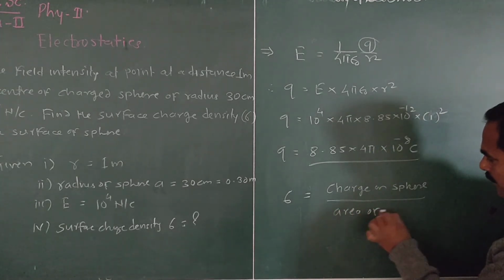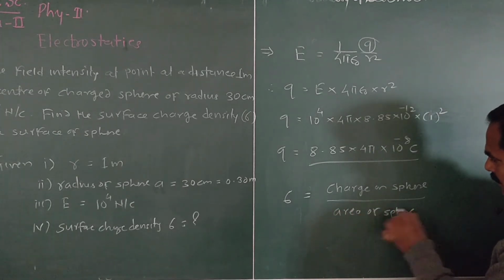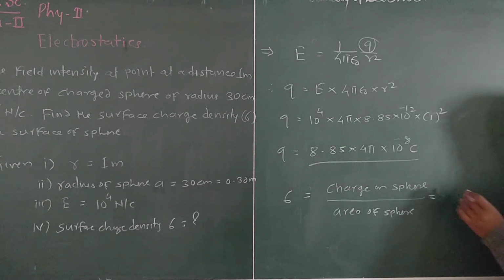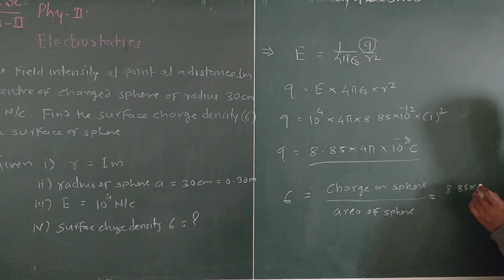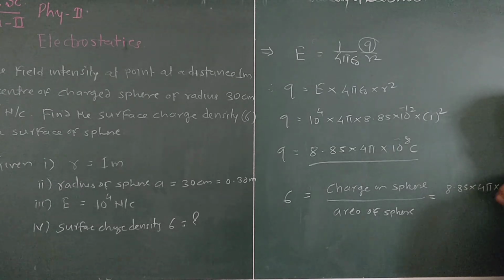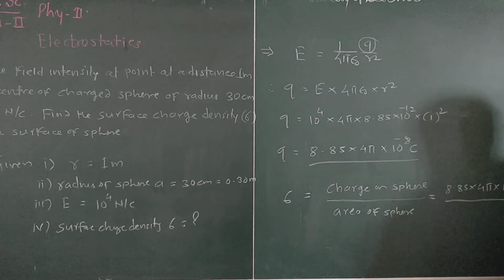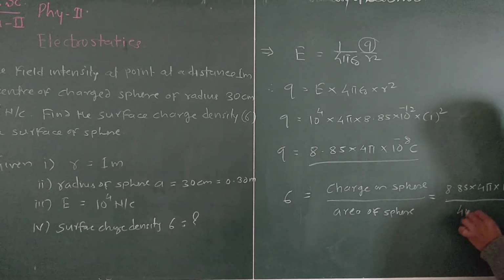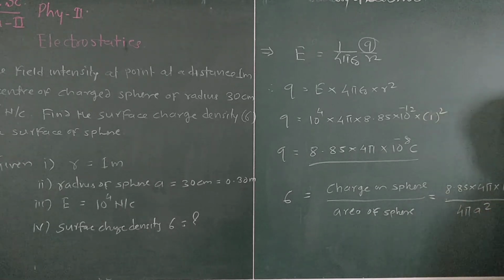The charge on sphere we have just calculated, Q is substituted here, 8.85 into 4 pi into 10 raised to minus 8, divided by area of sphere, and the area of sphere is 4 pi a square.